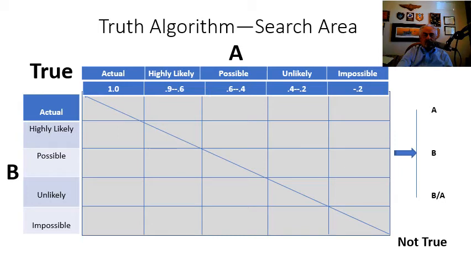this is our search area. All right, this is our solution space, if you will. Here we have A on the top and B on the side. Okay, and this is our matrix, and this is how we're going to be able to identify both A and B and their combination as well.